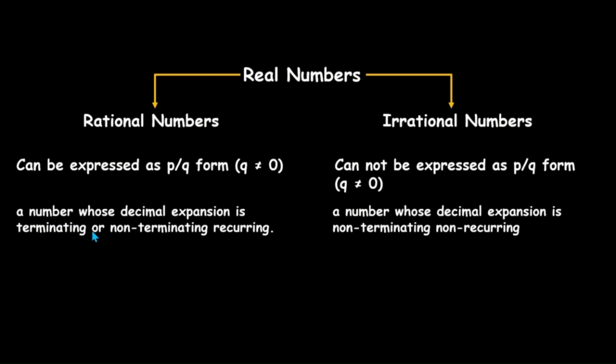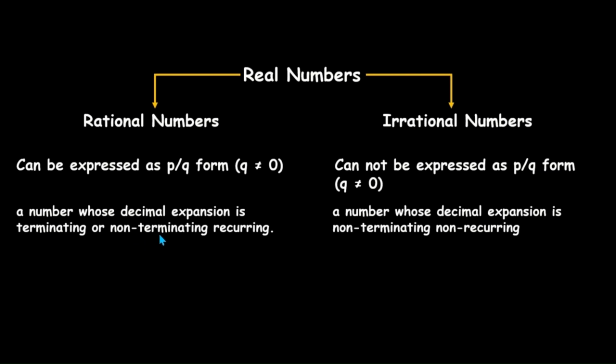So let's try to understand in simple words. What do we mean by decimal expansion terminating? When we start dividing p with q, at some point of time during the division, the remainder becomes 0 and the division ends. That is the meaning of decimal expansion getting terminated.